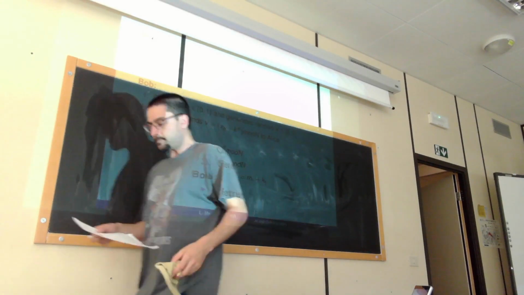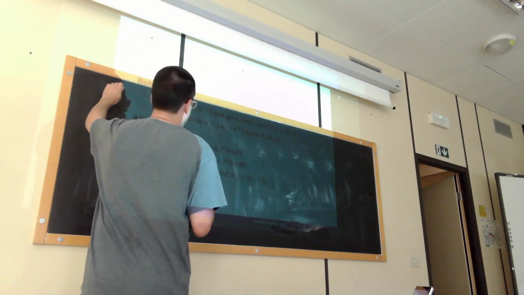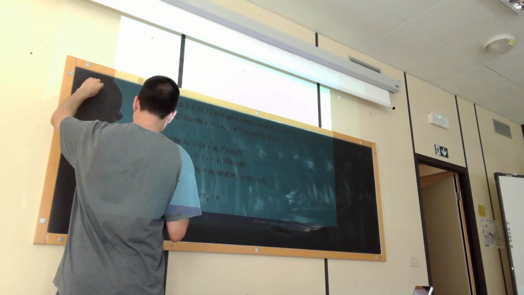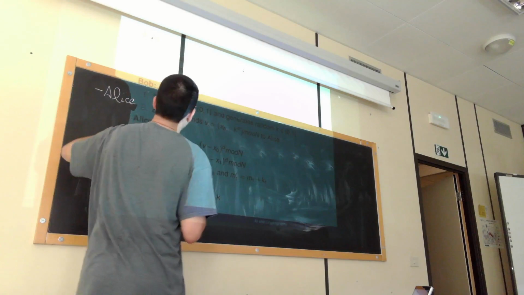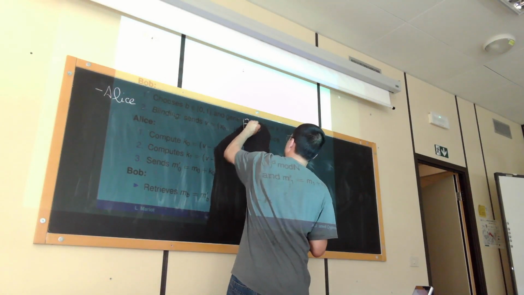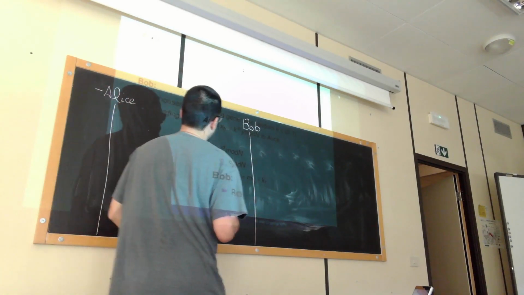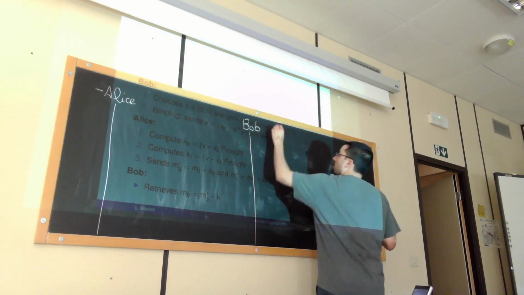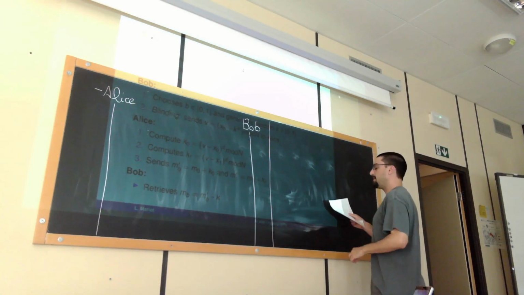So, assume that Alice and Bob, so we put them here. Okay. So here I will put this slide simplified.